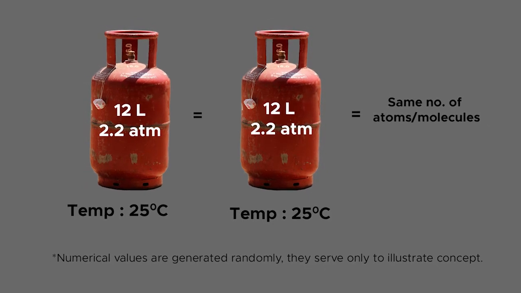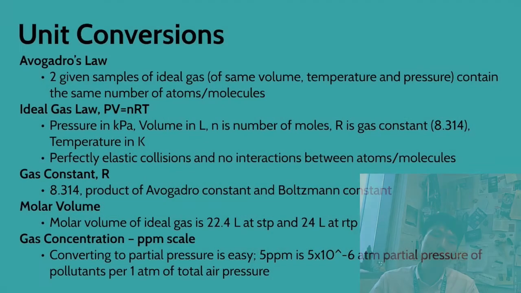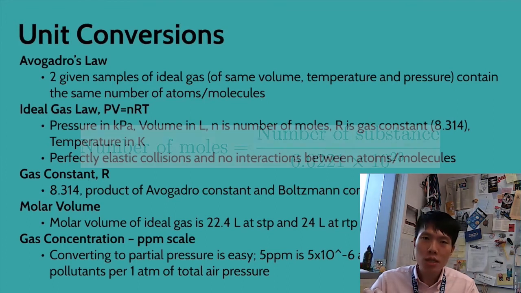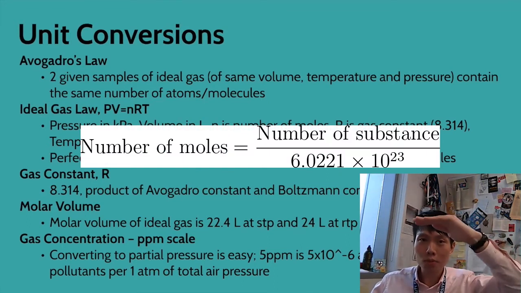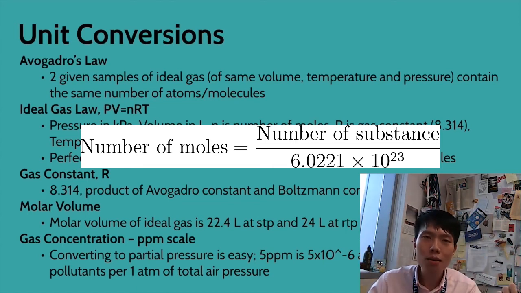To me, this law is summarized as the number of moles equals the number of particles, which could be molecules, atoms, or ions, over Avogadro's constant, 6.022 times 10 to the power 23.